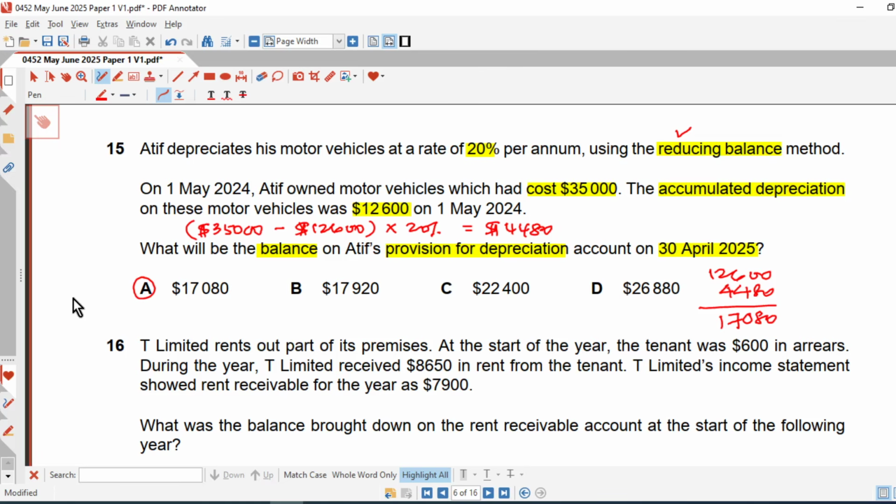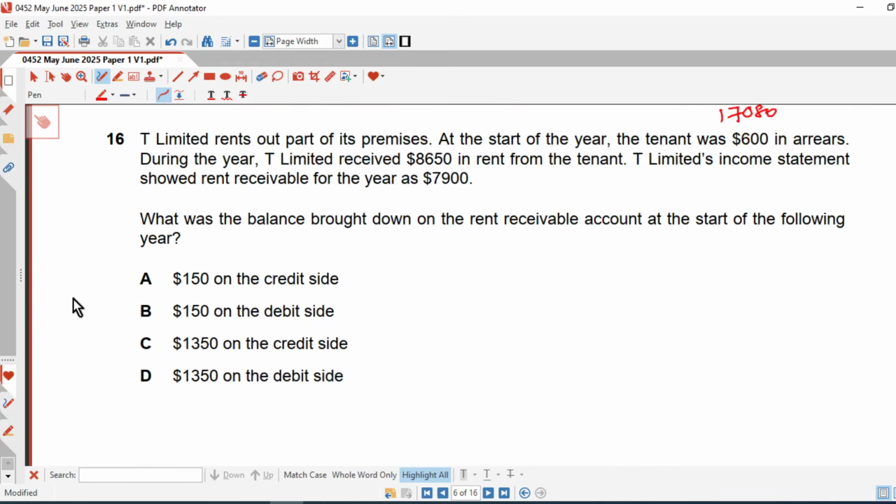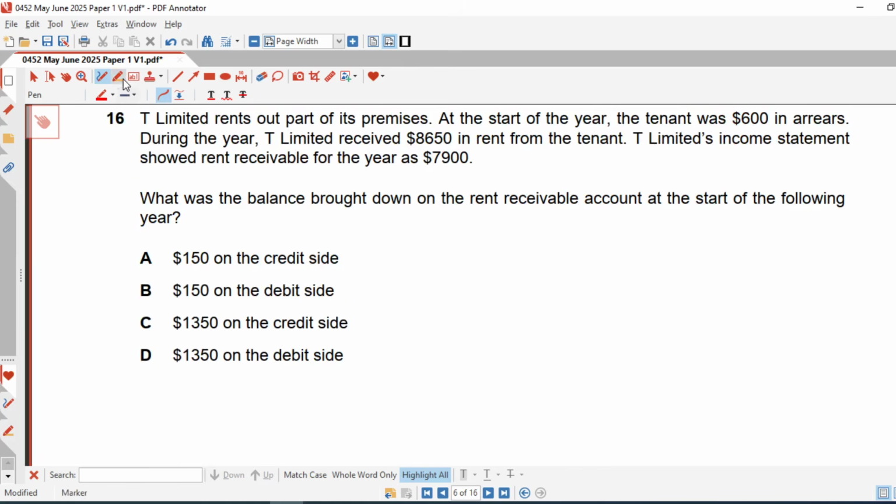Now let's move on to question 16. T Limited rents out part of its premises. At the start of the year, the tenant was $600 in arrears.